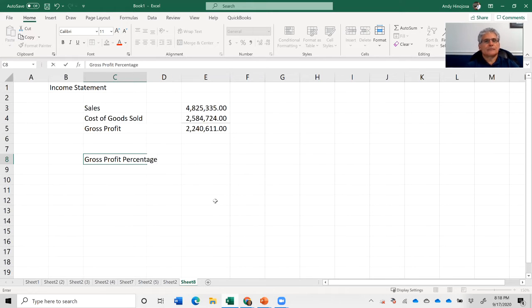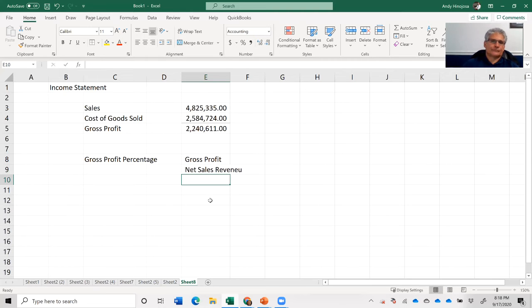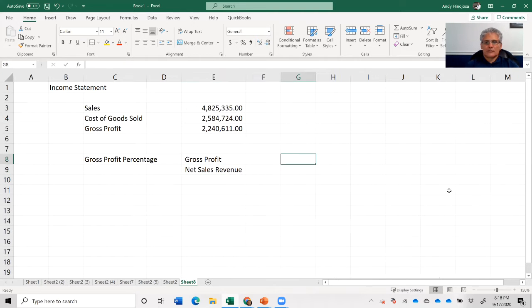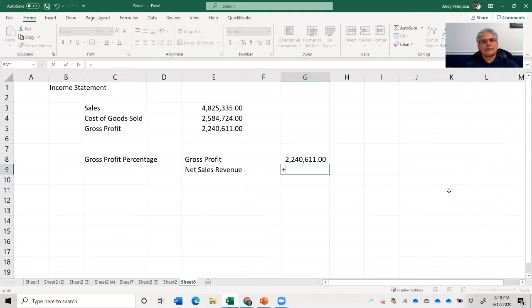Just like in the slide that we looked at, the gross profit percentage is computed by taking your gross profit and dividing it by net sales revenue. So in this example, our gross profit was $2,240,611, and our net sales revenue is $4,825,335.